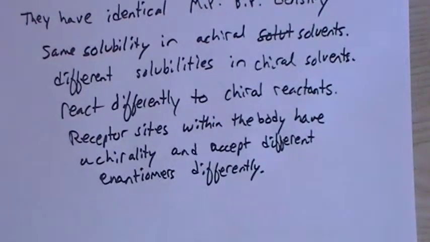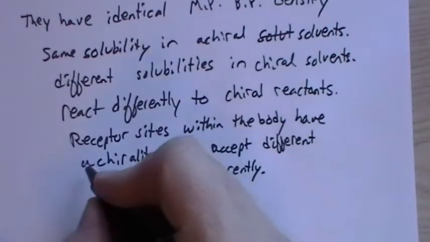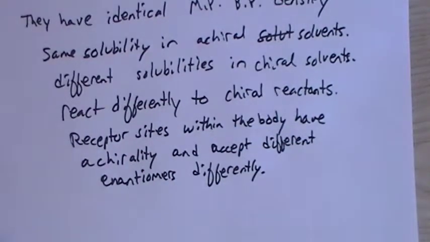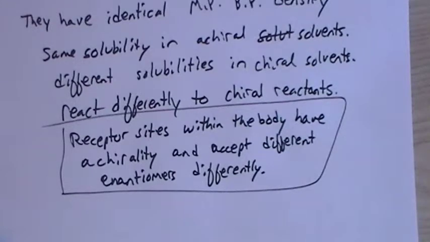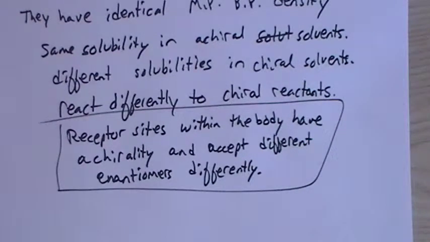So one enantiomer would come in and be completely accepted very quickly. The other would be kind of either ignored or wouldn't be able to bond as readily. That's the big difference here, that the receptor sites in the body have a chirality.